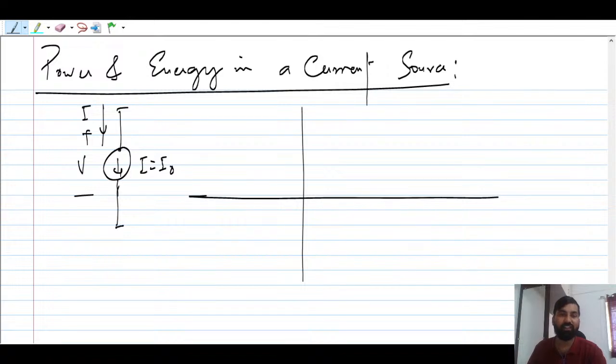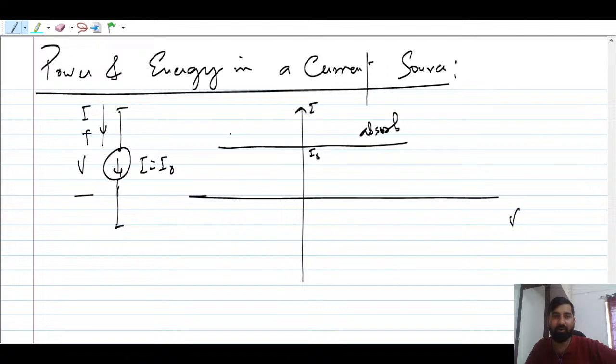Suppose the current is positive and constant. If you see I versus V, in one region the power is going to get absorbed, and here the power will get delivered. Why delivered? Because you are in the second quadrant.